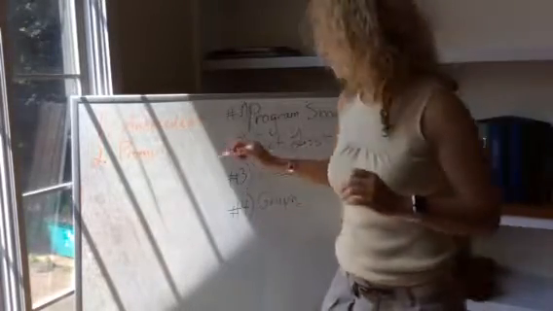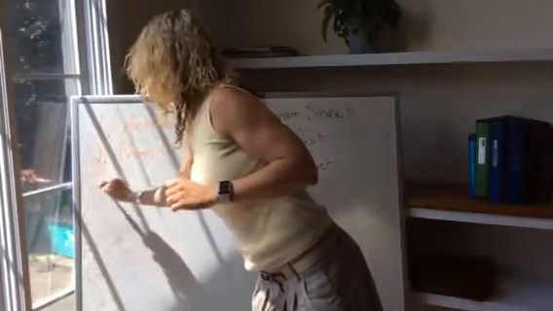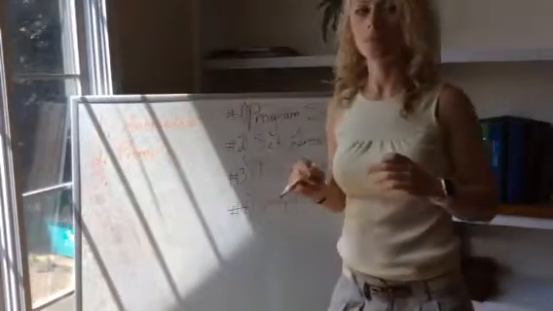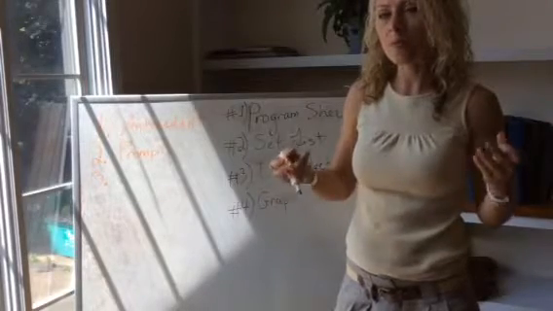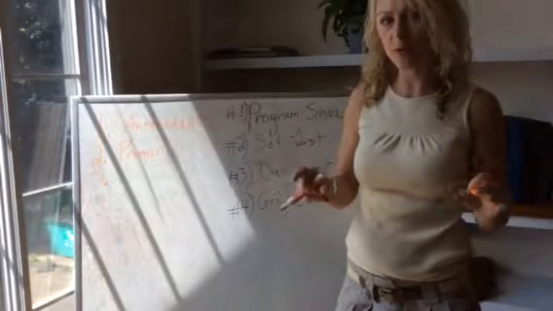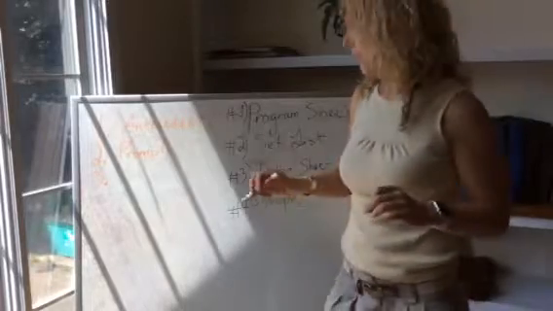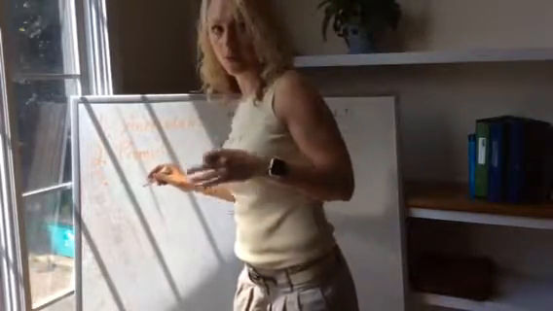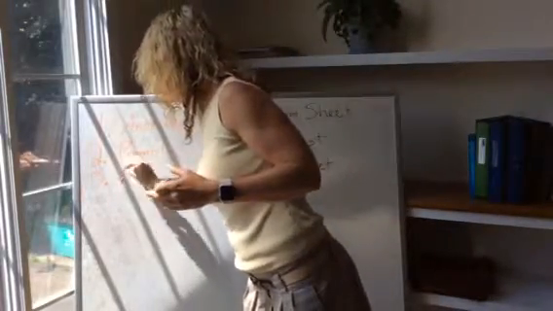Number 3, the response. What is it? What's the behavior, that terminal skill that we're looking for our individual to exhibit? Or what are we looking for them to learn?